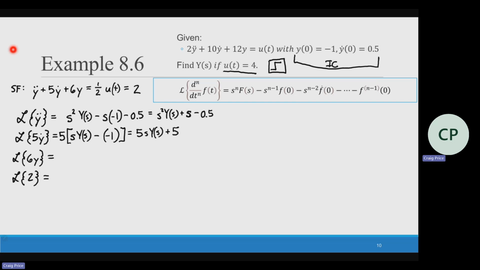Therefore, if this is 0, you just have an s to the 0, which is 1 times the function. Or you just remember that, just like when I'm doing a transfer function, if I don't have any dots, I don't have any s's, right? But I still keep that y, so this becomes 6 times y. And now we're in the s domain, so I show it as y as a function of s.